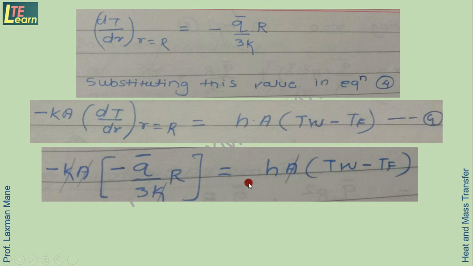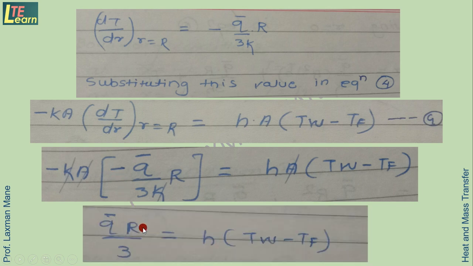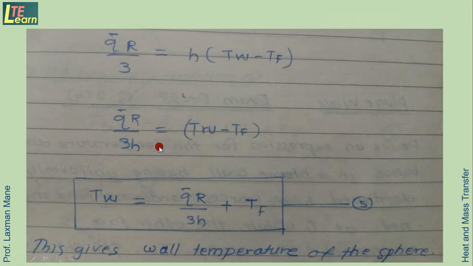In this case, this area gets cancelled, this thermal conductivity gets cancelled, this minus sign becomes plus, so it becomes qR by 3 is equal to h into temperature difference. Further simplification in the form of TW, we find the equation number 5. This equation gives wall temperature of the cylinder.